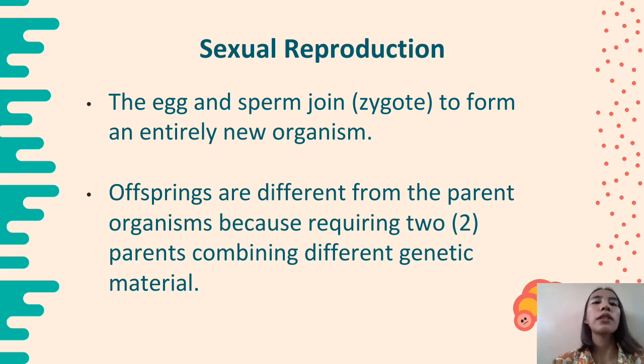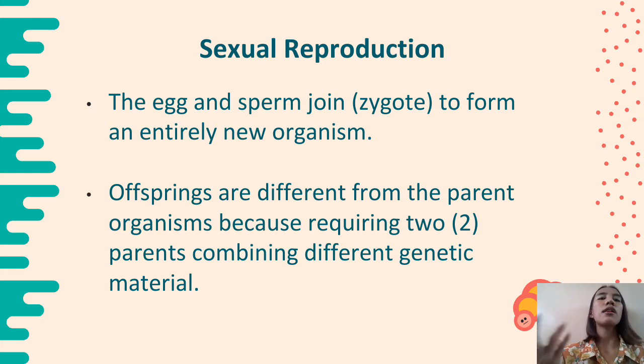In sexual reproduction, the egg of the female organism and the sperm of the male organism join to form an entirely new organism. If an egg and a sperm cell join together, a zygote will be formed. Okay?